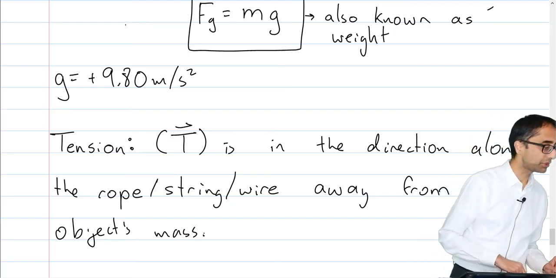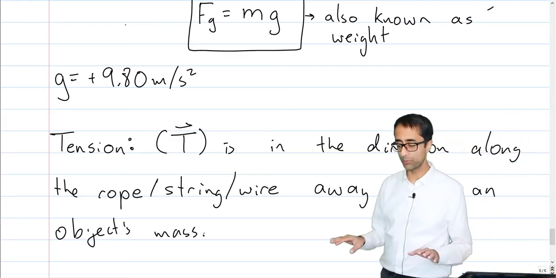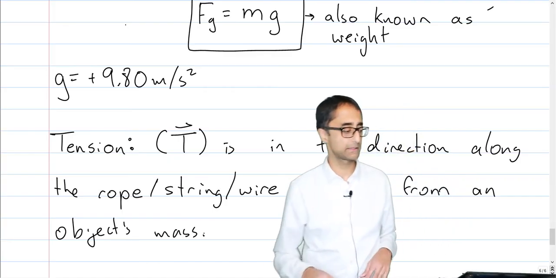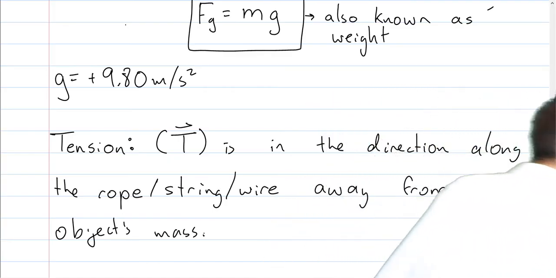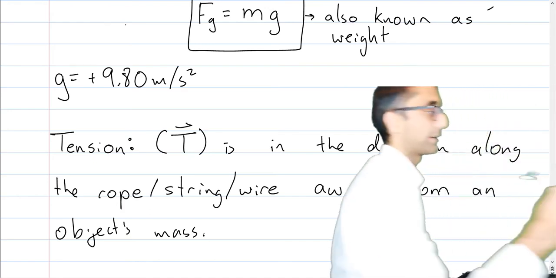What that means is tension is always pointing along the rope away from the mass. Let's take a look to make sure we understand that phenomenon.